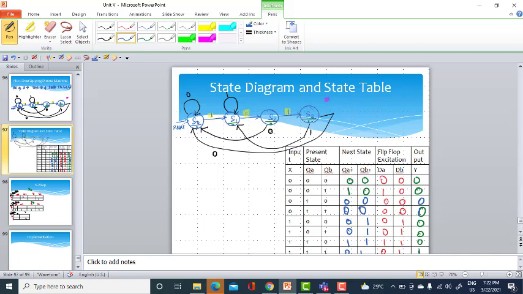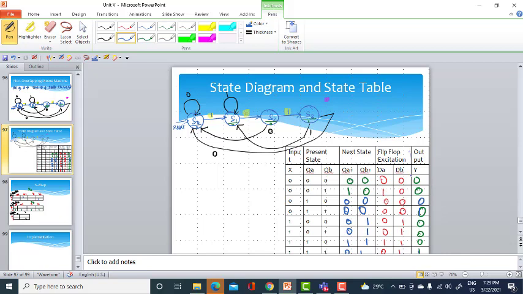If you receive 0, your output is 0. For the rest, all outputs will be 0. The present state and the next state, you know how to fill, and I have filled them accordingly. For the D flip flop, QA plus and QB plus will be equal to DA and DB.